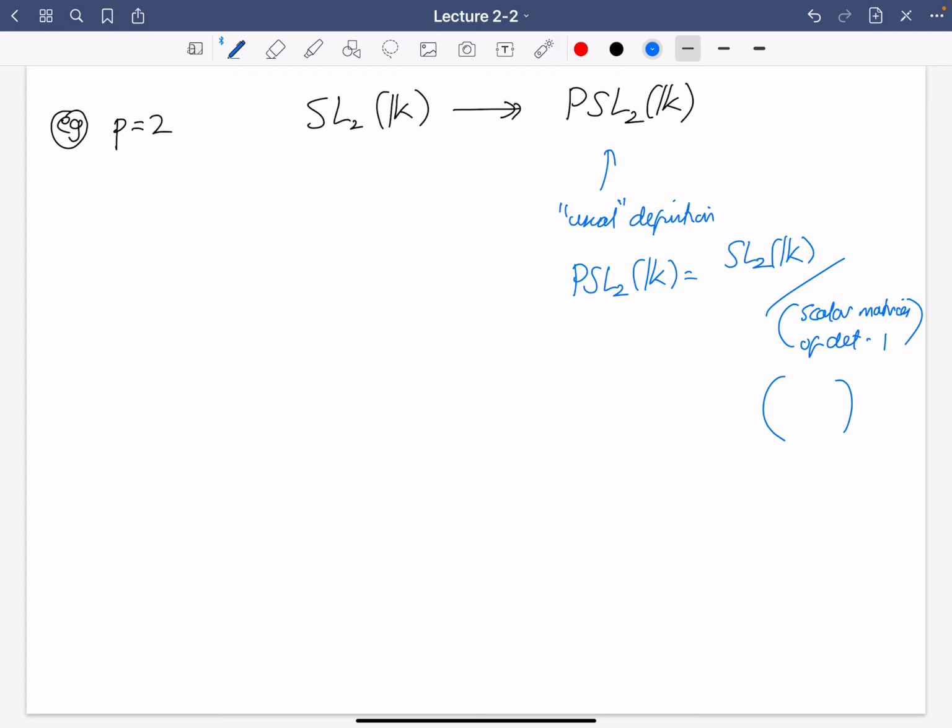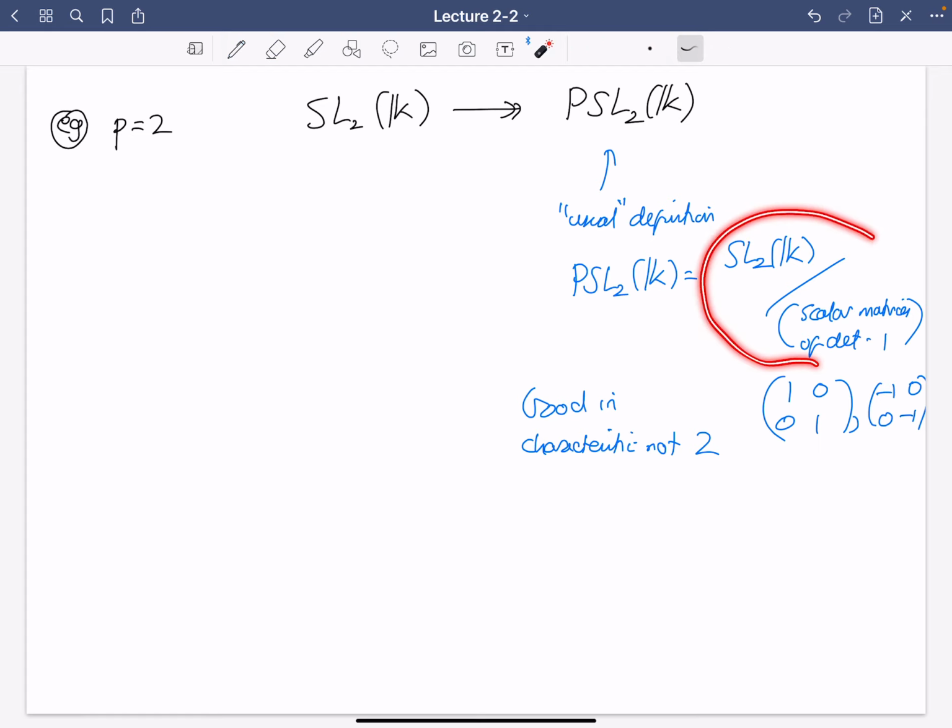So in SL2, that's just the identity matrix or minus the identity matrix. Well, that's totally good. In characteristic not 2, that's a correct definition of PSL2 of K as an algebraic group, once you've set up how to make that quotient group into an algebraic group in its own right.